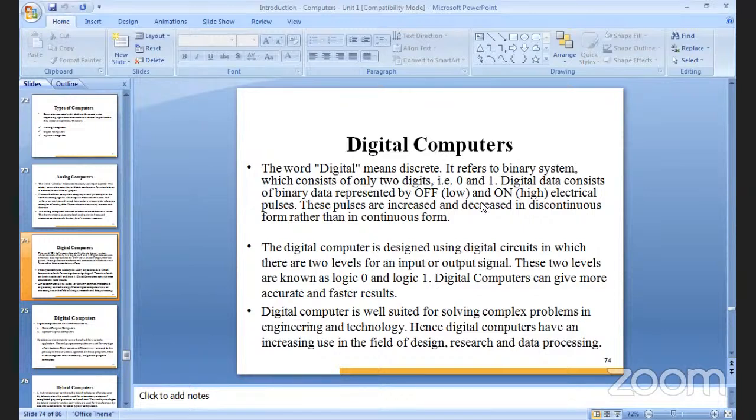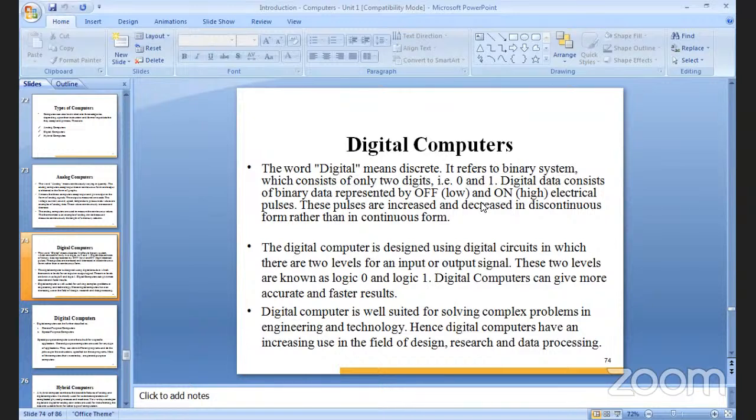Digital data consists of binary data, represented by low and high, which we may see as off and on, like electrical switches that we identify as on and off.